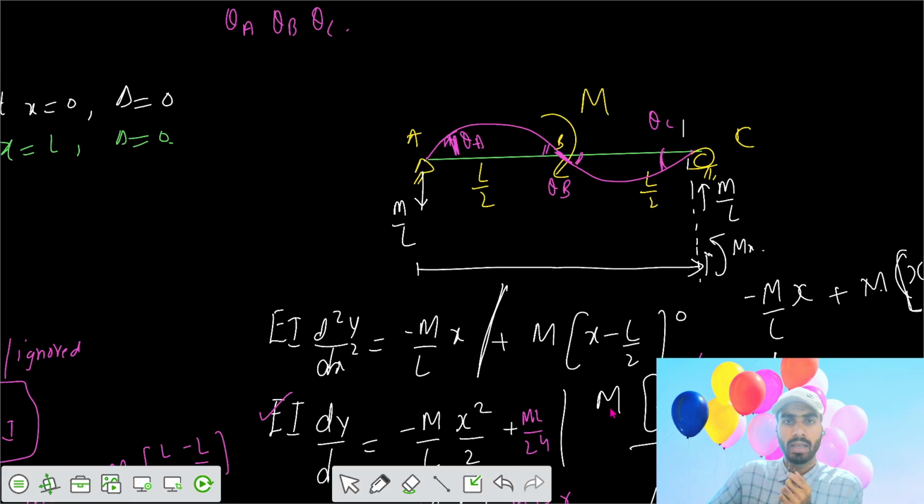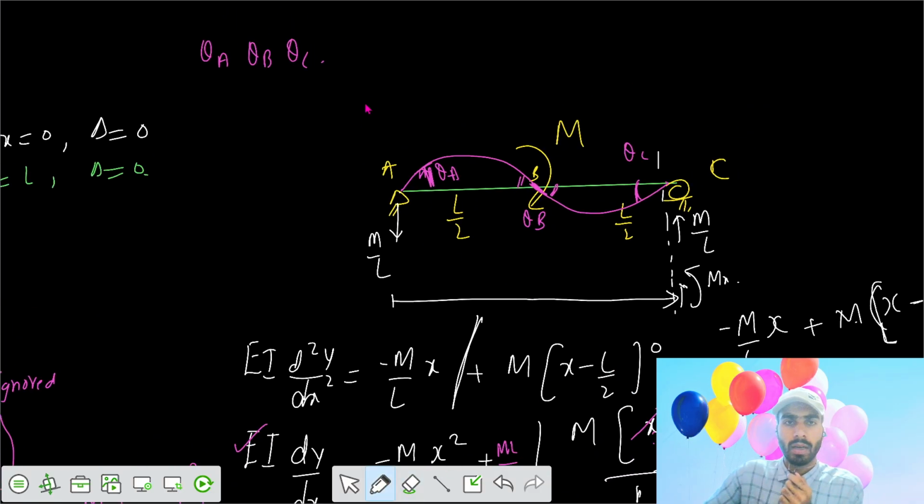Positive means that, let's say, x was from here, from the positive x-axis, left to right. This was your value of x.